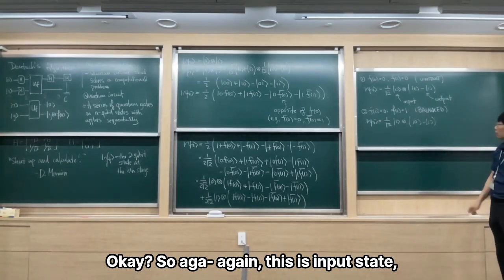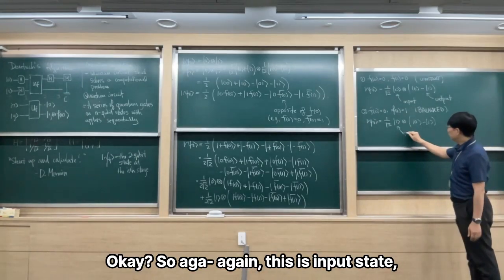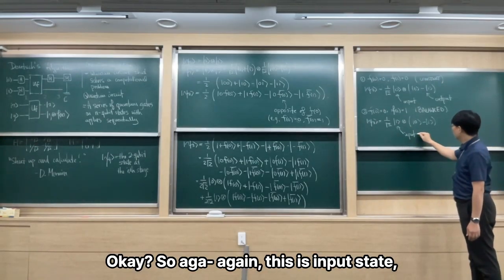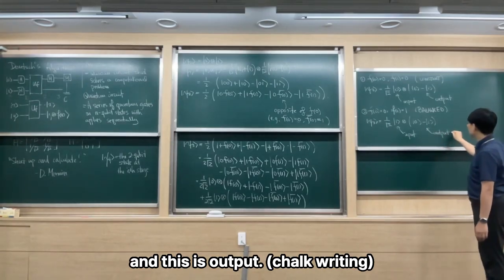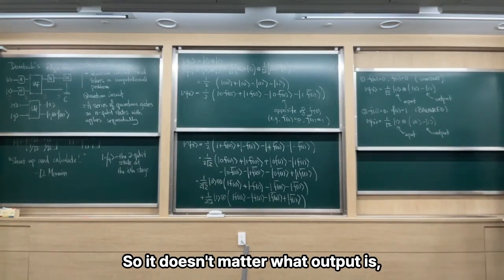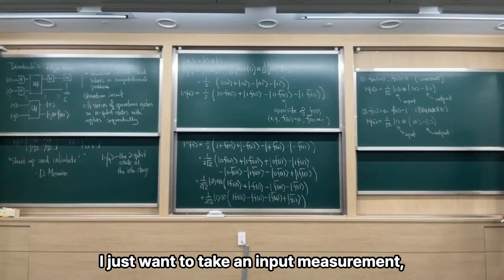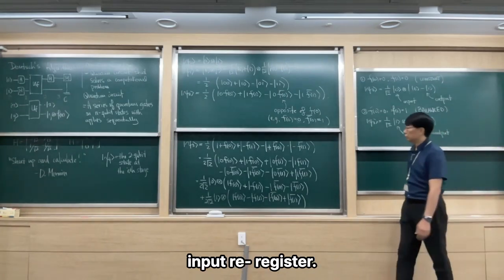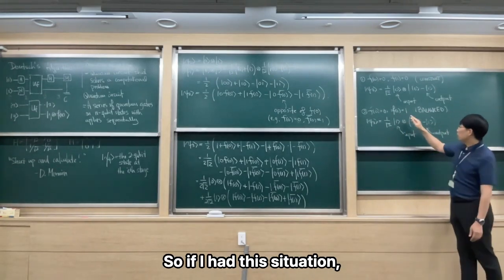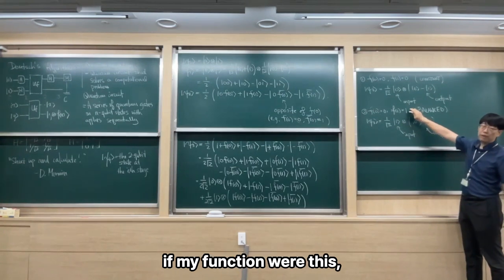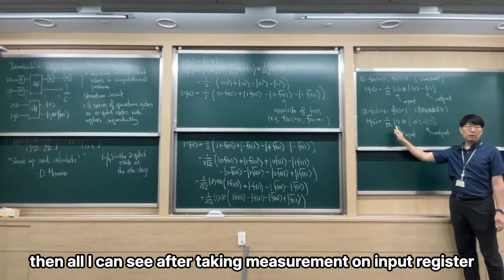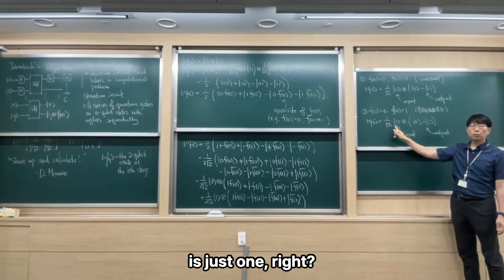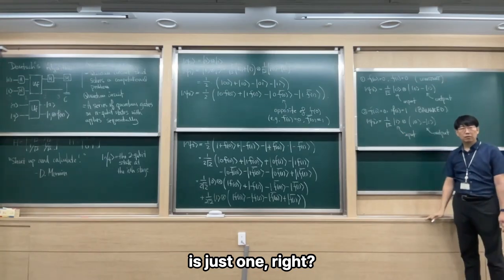Okay. So again, this is the input state, and this is the output. It doesn't matter what the output is. I just want to take a measurement on the input register. So if my function were this, then all I can see after taking a measurement on the input register is just 1, right?